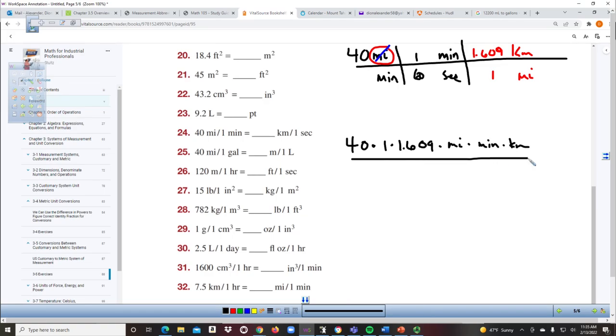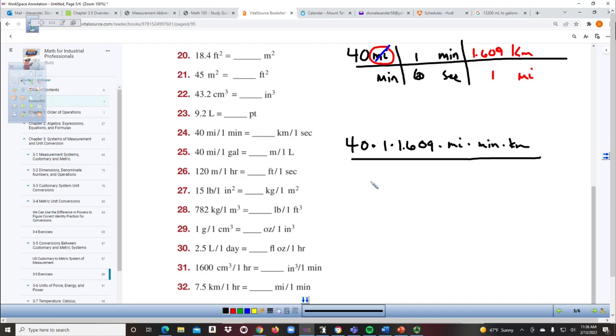If you're not understanding why you're canceling when they're not next to each other, it's through our commutative property of multiplication, we can move this around any way we want, because 4 times 3 is the same as 3 times 4. As long as I'm going to do the multiplication, it doesn't matter what I multiply to what first.